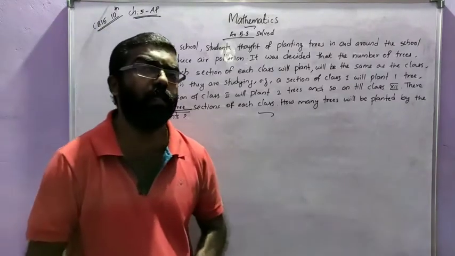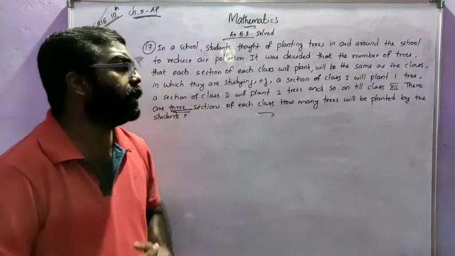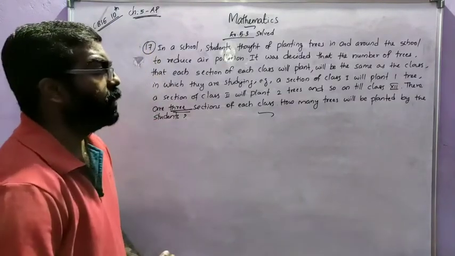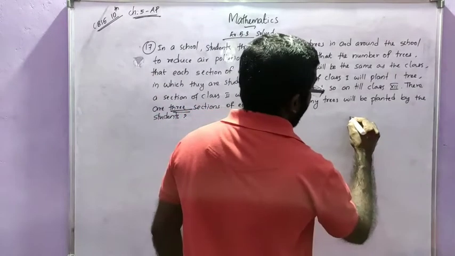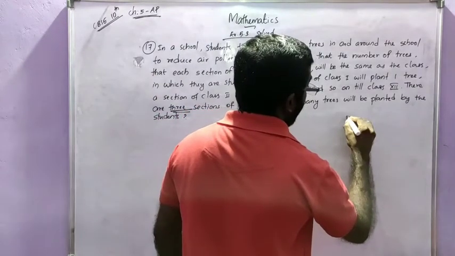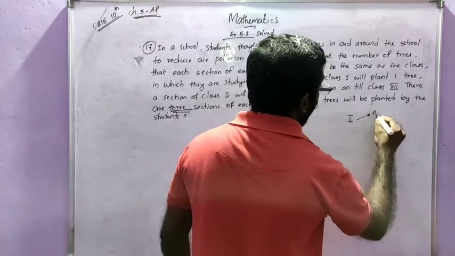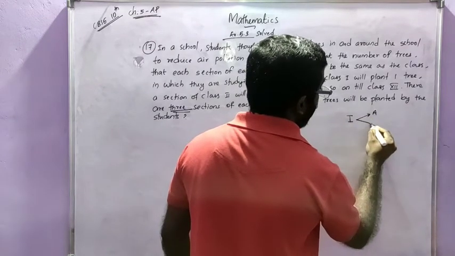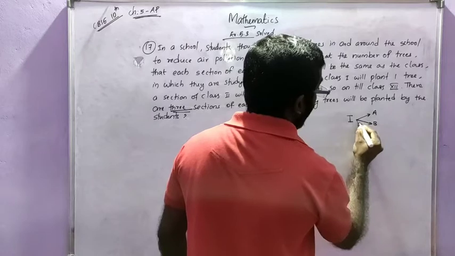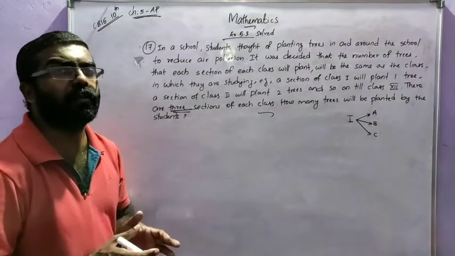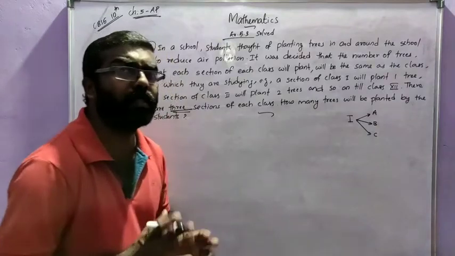So here the question is, we have to find the number of trees planted by the students. For the first standard there will be 3 divisions, 3 sections. It will be A, B and C. And each section will plant how many trees?